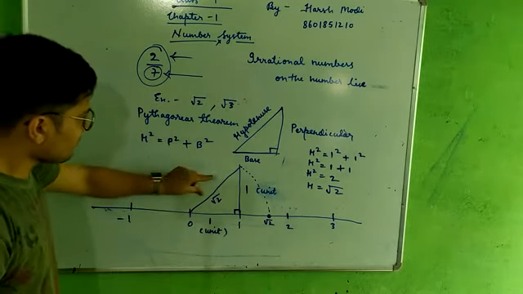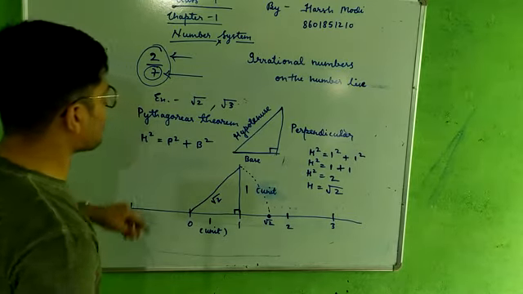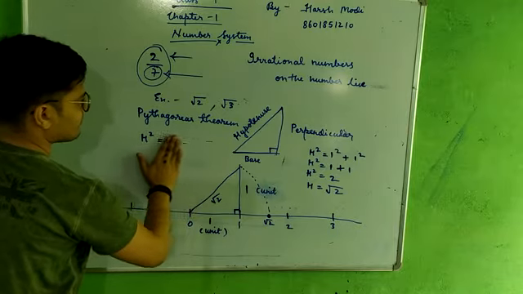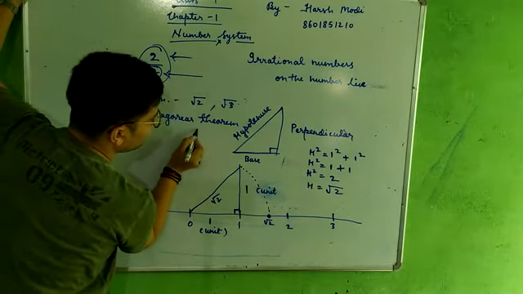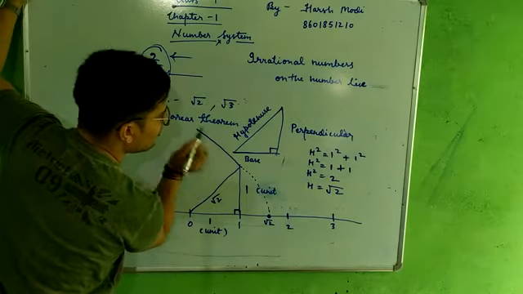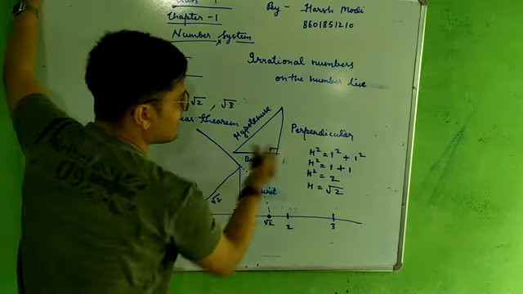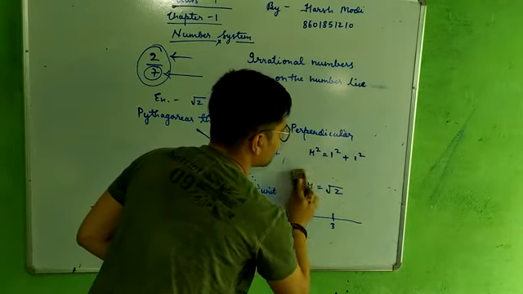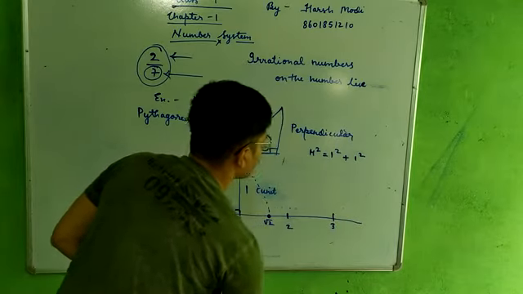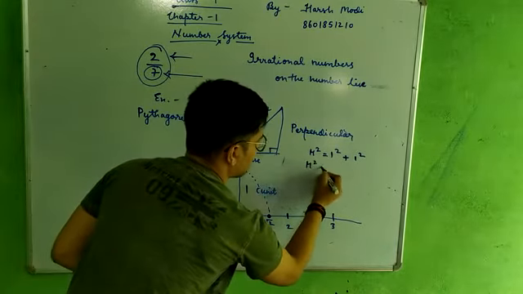Now here we have base as under root 2. Again we will draw one unit perpendicular on it. Then we will move to the Pythagoras theorem. We need to find the hypotenuse, h square.